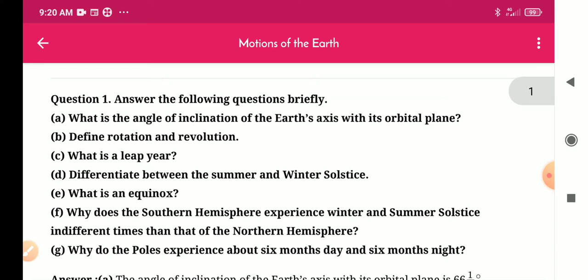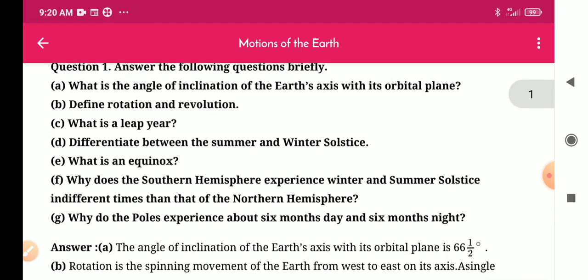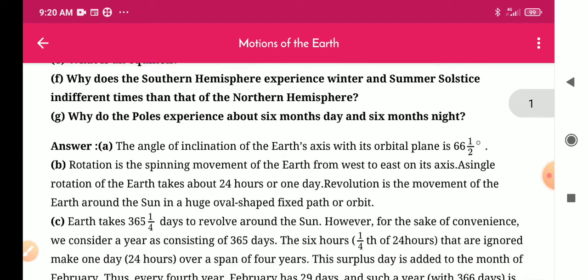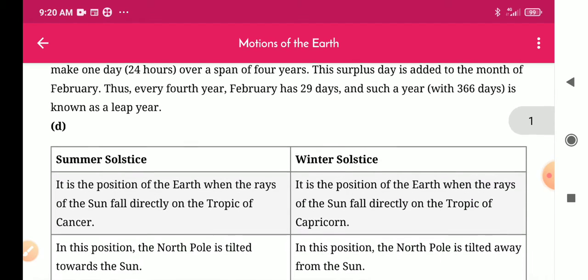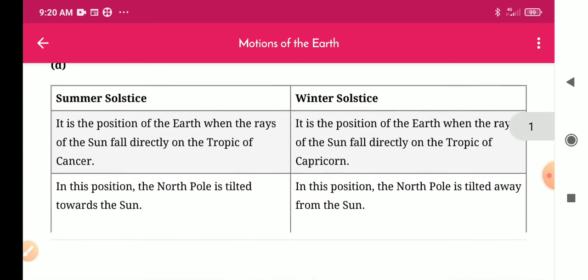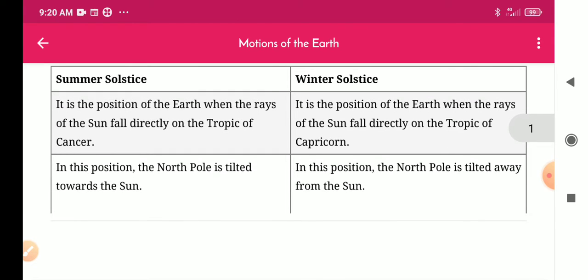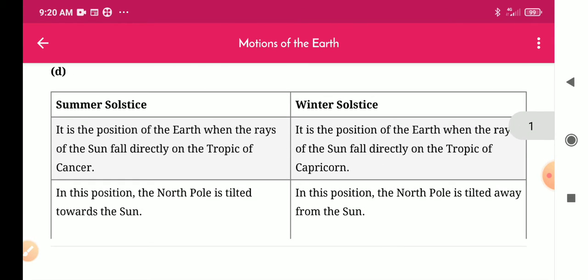D. Differentiate between the summer and winter solstice. Answer: Here are given two boxes. The first box is summer solstice, and the second box is winter solstice.